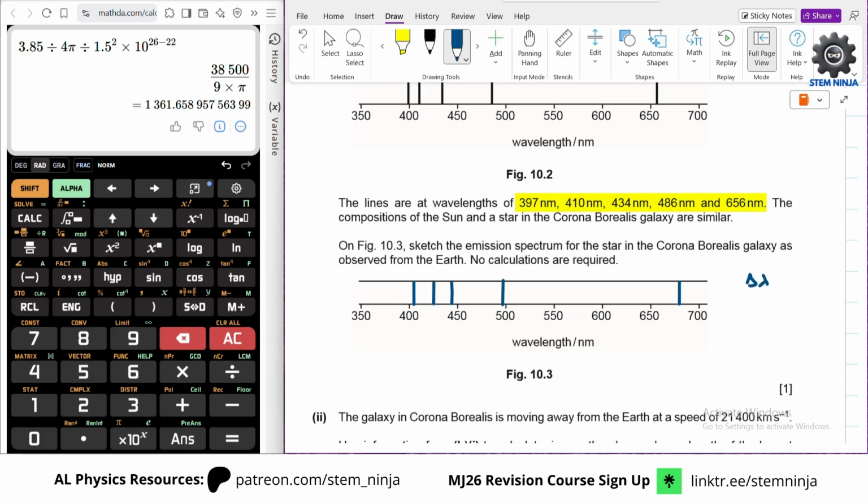However, you have to remember that the difference in lambda would be proportional to the lambda itself.